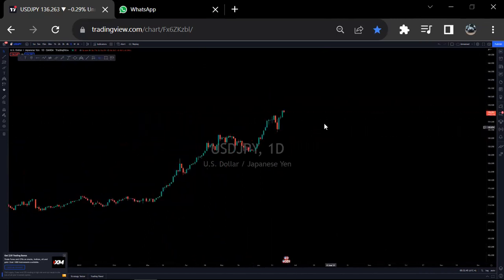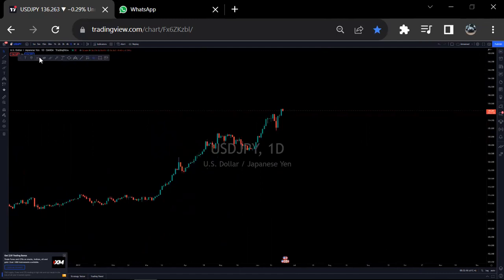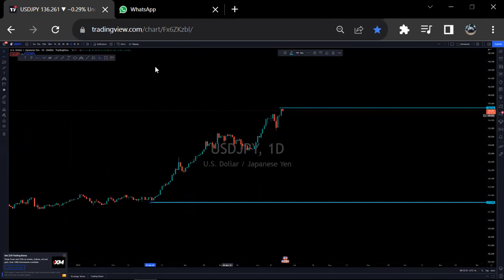Doesn't have a direction, to be honest. Okay, we have this height. That's the height that it's in right now, UJ, and the low and the significant area. So having that, I could say I have these, but then it doesn't make sense. I have to move to the 4-hour.